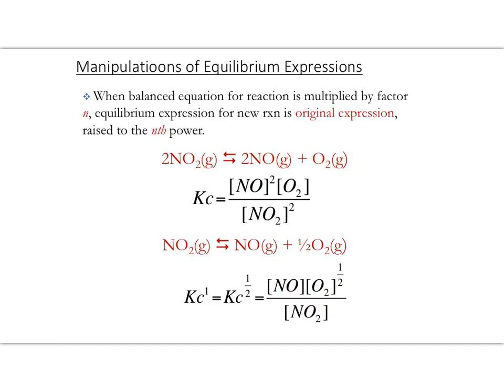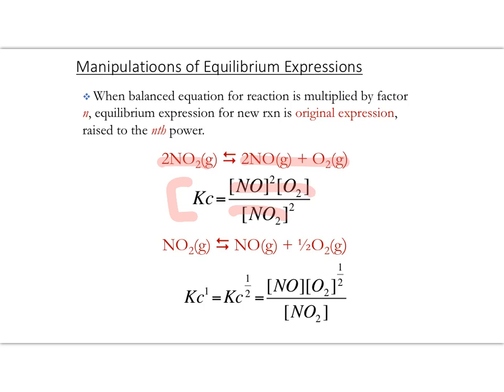The second manipulation we're going to do is if we multiply a reaction by a certain factor, the new equilibrium expression is raised to that factor as an exponent, as a power. So again, we're looking at the same original equation we looked at last time. So the original Kc expression, we have products over reactants.